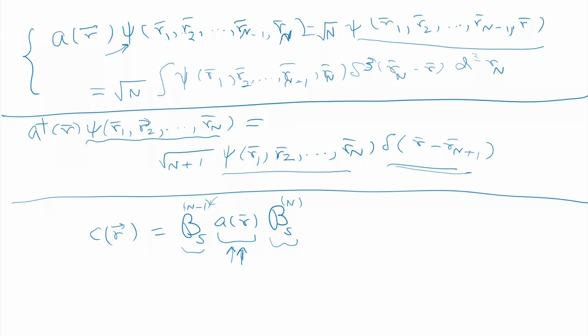So this would then correctly describe an operator that either describes the destruction of a fermion in the system if S is minus 1, or the destruction of a boson if S is plus 1. See, A itself does not describe the destruction of a boson or fermion, it just describes the destruction of some quantum particle which has ambiguous statistics.